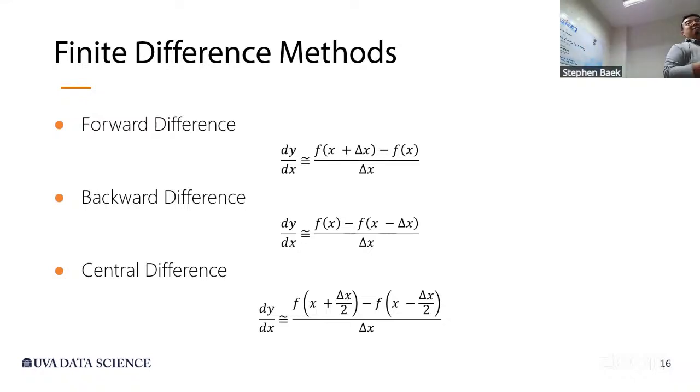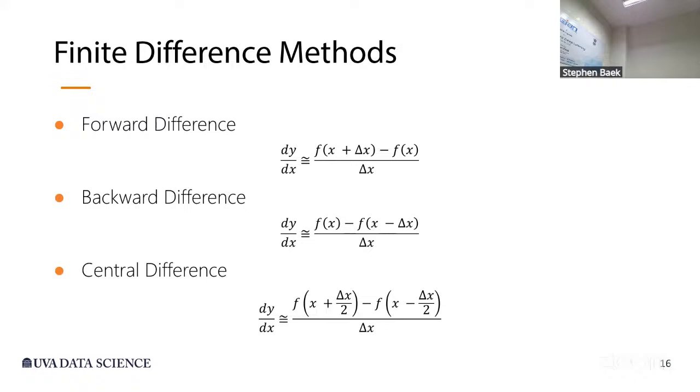In 1D, if x is a one-dimensional quantity, you just need to evaluate the function 2 times and divide by delta x. But what if x is n-dimensional? Then it's going to be exponentially many combinations that you have to evaluate.